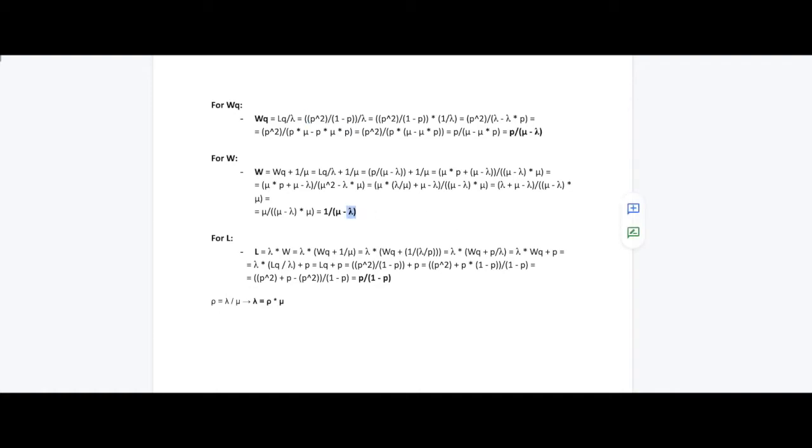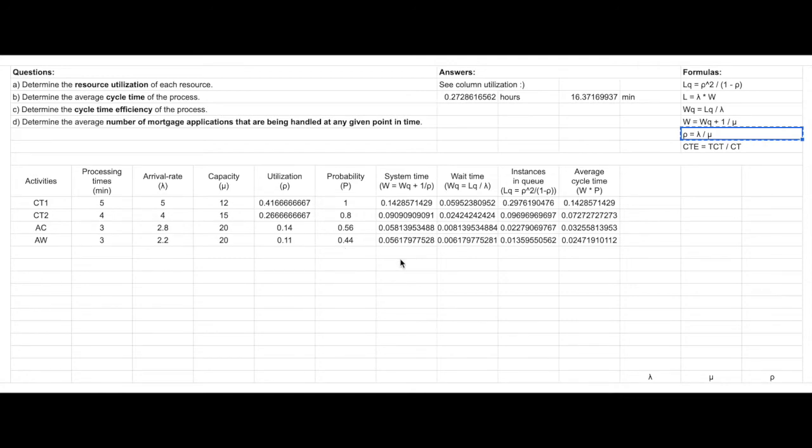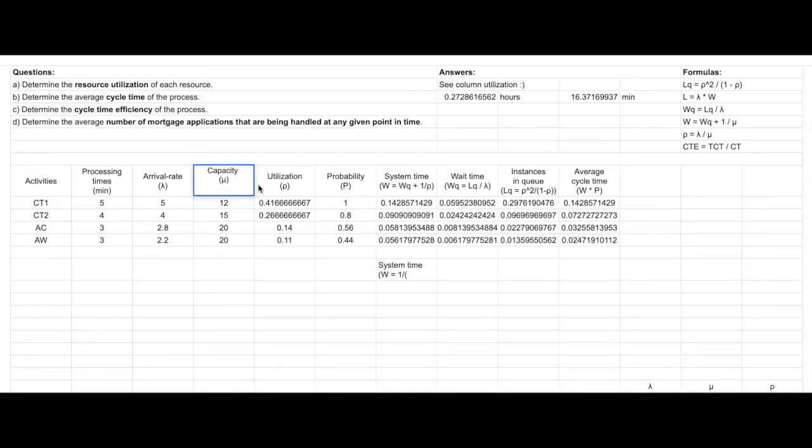So for example, let's get this formula for system time. System time, W, equals 1 divided by capacity minus arrival rate.